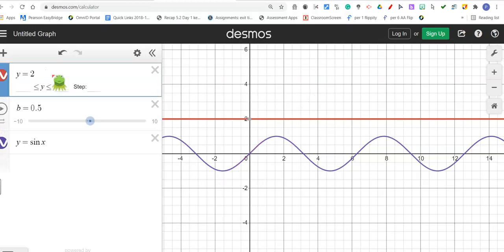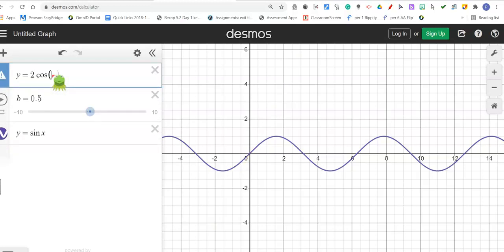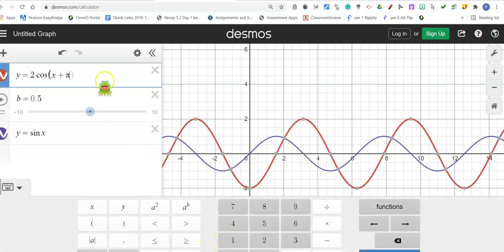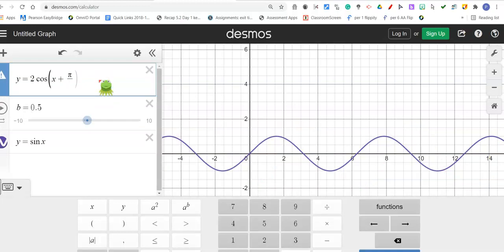Let me double check the equation, I didn't remember if it was sine or cosine. 3 cosine parentheses x plus, and then the pi is on the keyboard for Desmos. You can go down there. You can't see what I'm doing, but it's down there. Pi divided by 4.